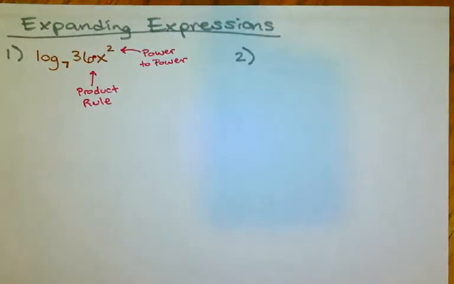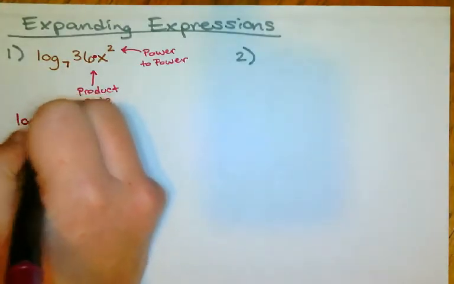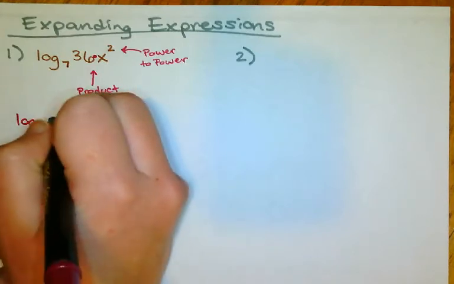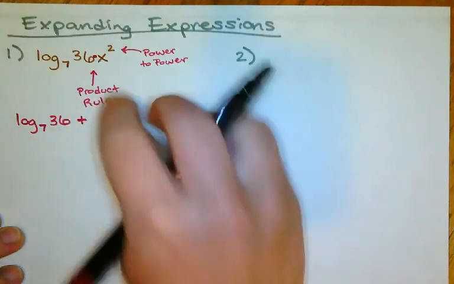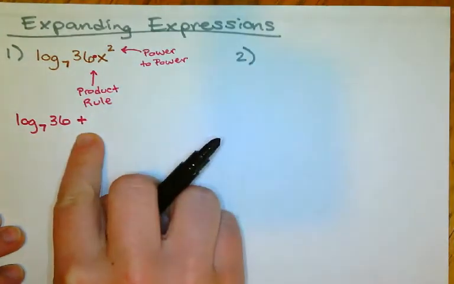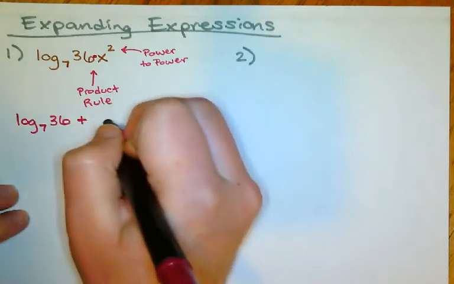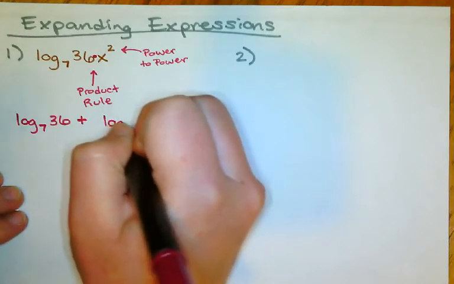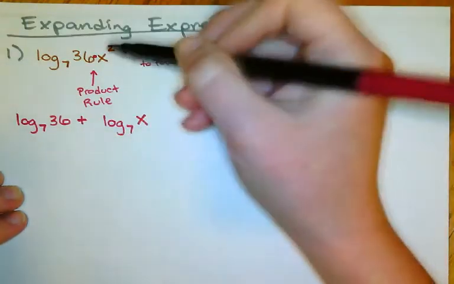Like I said, we want to be able to use multiple rules at one time. The product rule means we're going to split this and use addition. So that means I've got log base 7 of 36 plus, because that product rule means we can change that to addition, log base 7 of x squared.